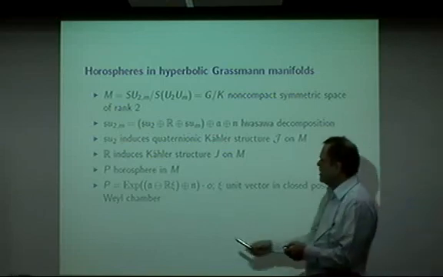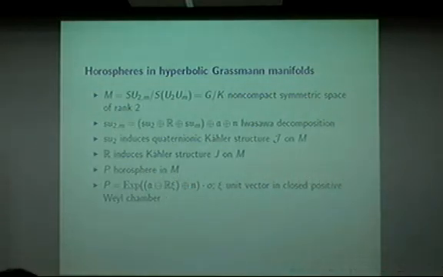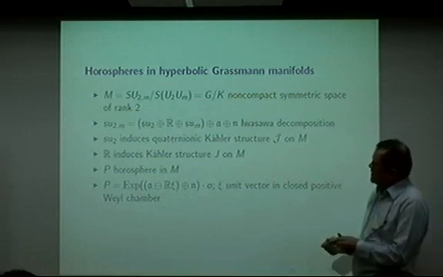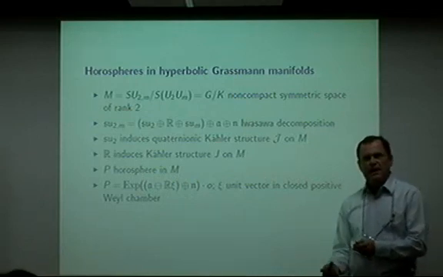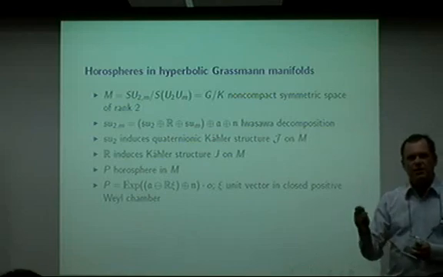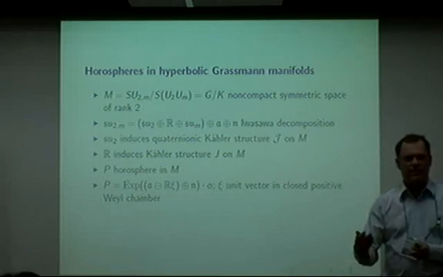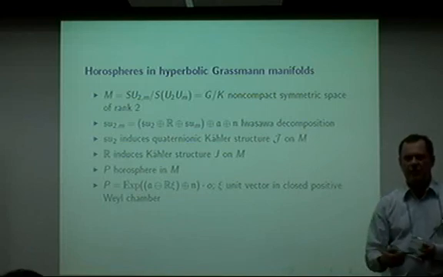Now we pick in here a horosphere P, a horosphere in the manifold. It's quite easy to construct it geometrically. In the hyperbolic cases that I discussed before, the horospheres always arose through the action of the nilpotent group in an Iwasawa decomposition. But now we have higher rank.